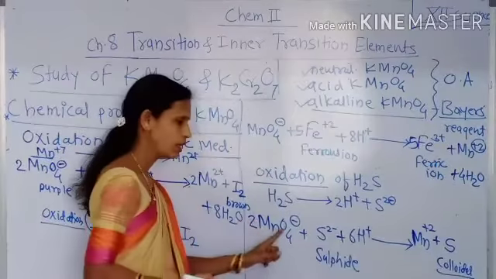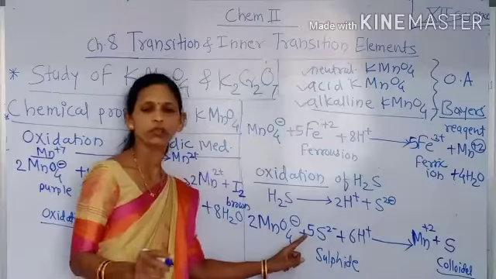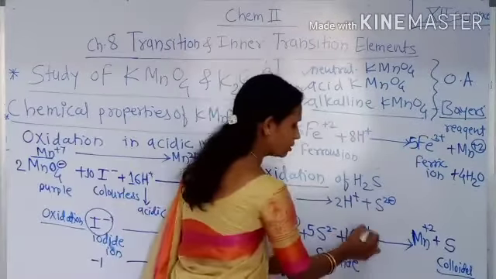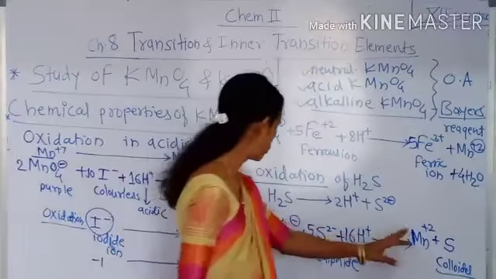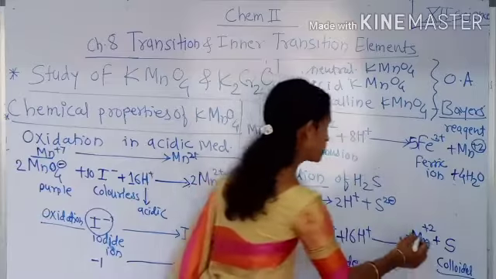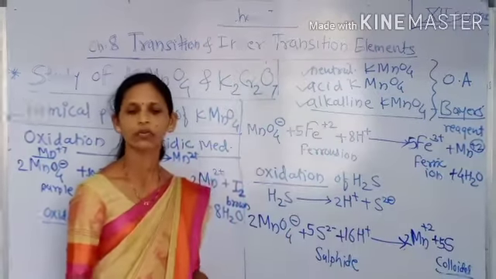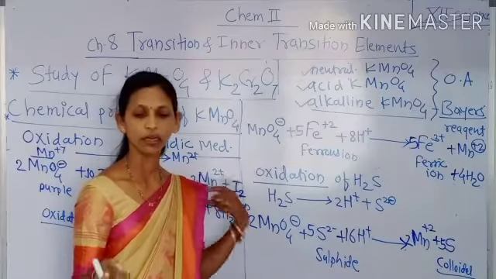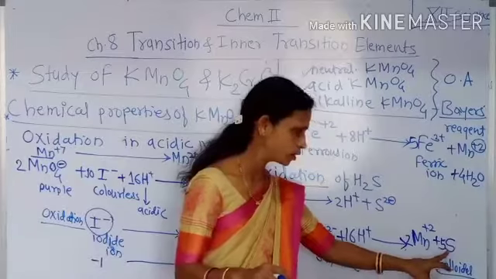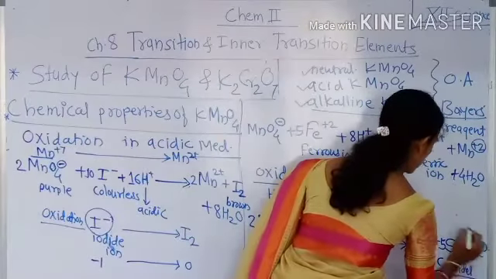Then we have to write the same reaction in balanced form. Therefore, twice MnO4 minus with 5 molecules of S2 minus ion requires about 16 H plus ions to convert into twice Mn2 plus and 5 colloidal sulfur, in elemental or molecular form, obtained in this solution with 8 molecules of H2O.